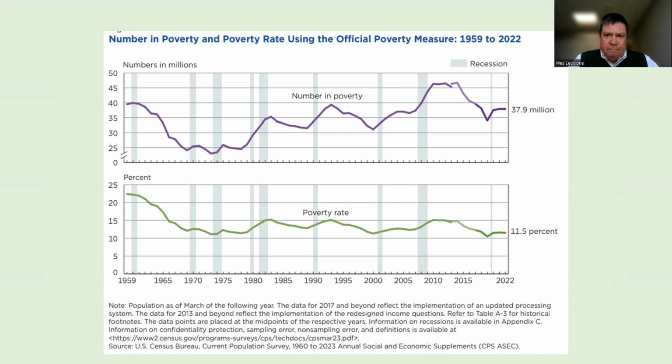And we see that, from the 1950s up to 2022, there is a fairly sizable drop from the 50s into the beginning of the 70s, and an increase during the Reagan years. And depending on the economy, we've pretty much stayed in that 11 to 15% rate of poverty in the United States over the course of this time period.